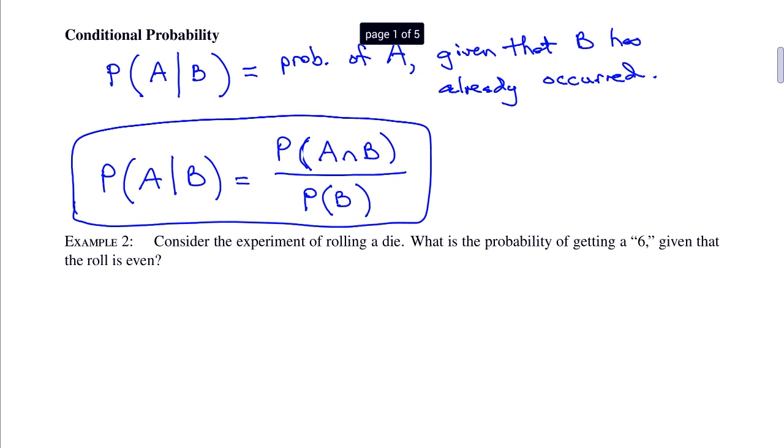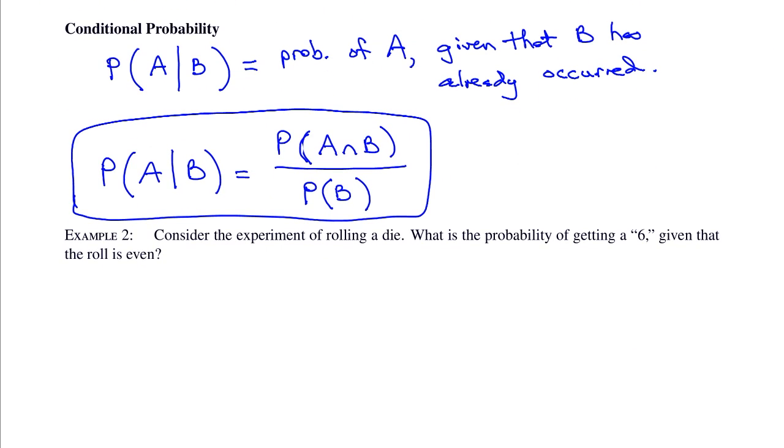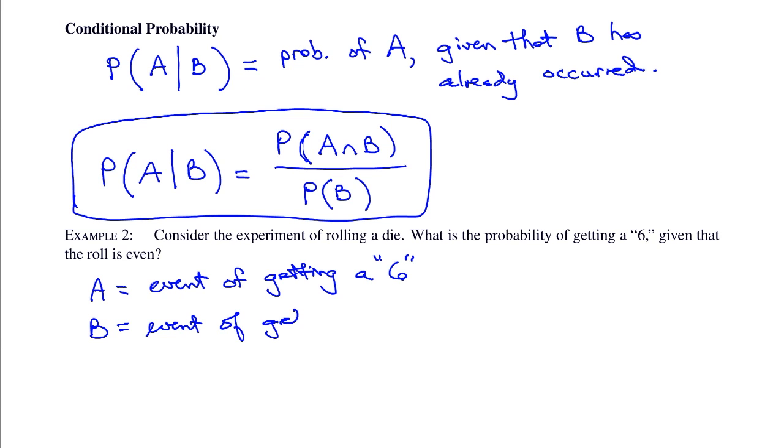Part 2 wants us to write it out with all the notation. So A is the event of getting a 6. B is the event of getting an even roll.